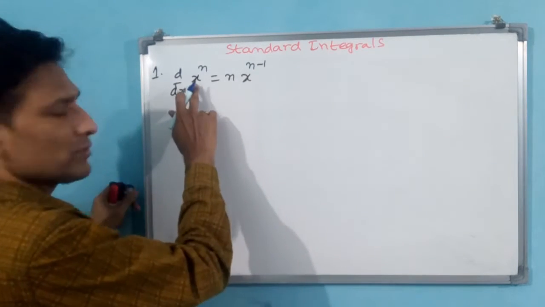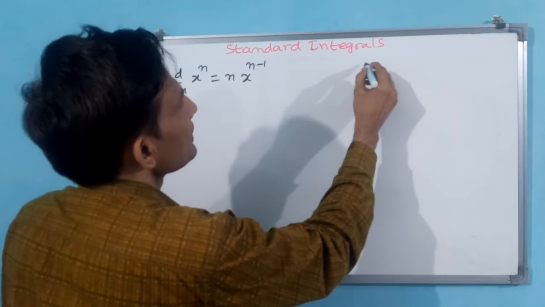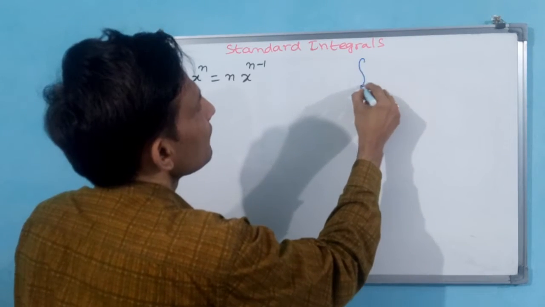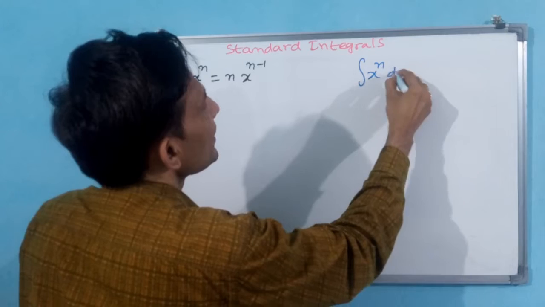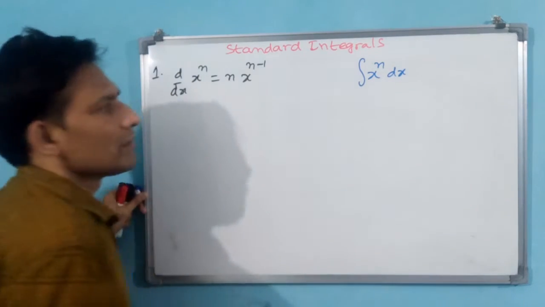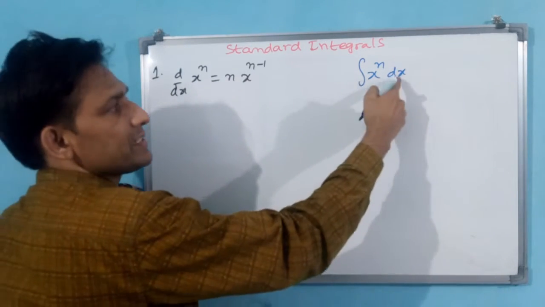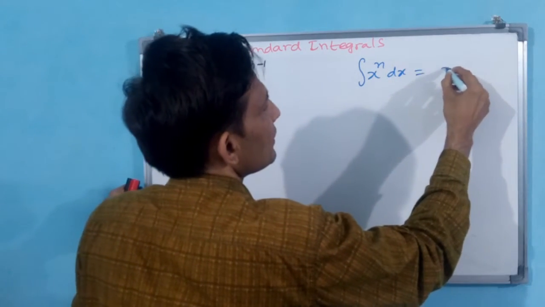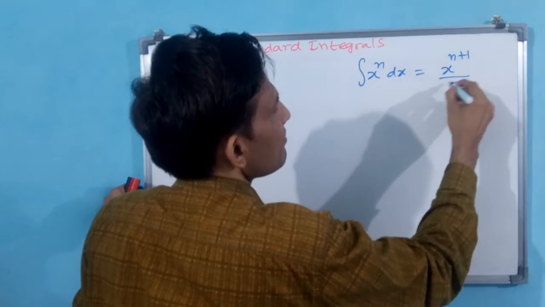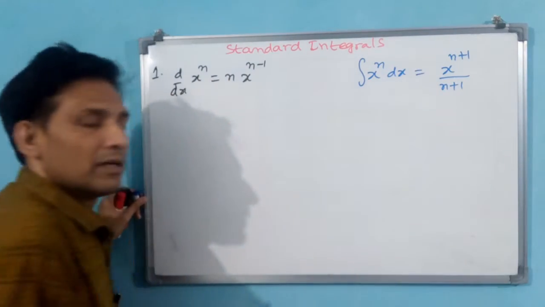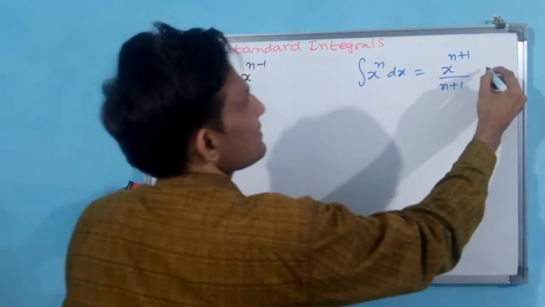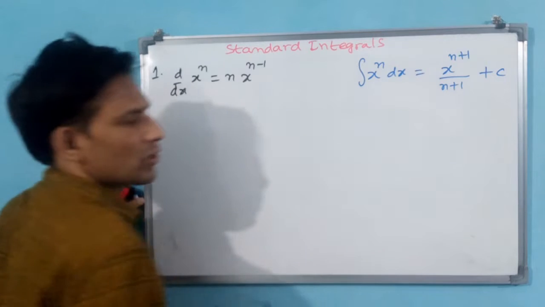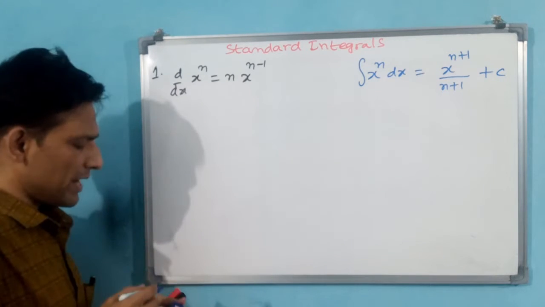But I want to write integral x power n dx, that is equal to x power n plus 1 by n plus 1. Is it over? No, you write plus c also, constant, because it is a good practice.